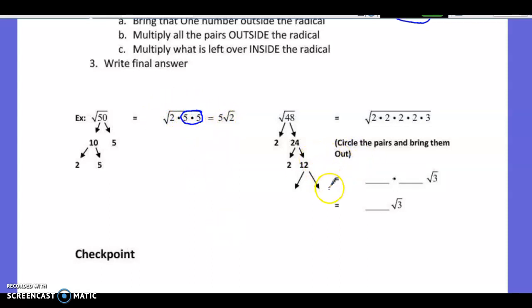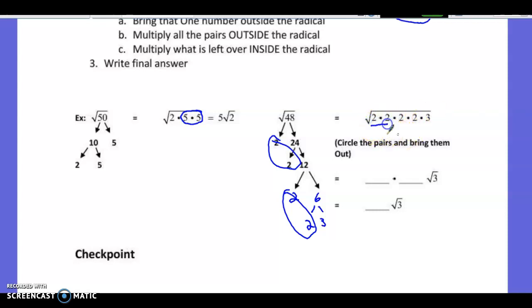As for 48, we look at how we break it down. So 2 and 24, you're just doing your factor tree, 2 and 12, 2 and 6, 2 and 3. So then you can rewrite these, and as you get more comfortable, you'll just be like, oh, here's a pair of 2s and here's a pair of 2s. But I wrote it out here. So the square root of 48 is all of these prime numbers multiplied together.